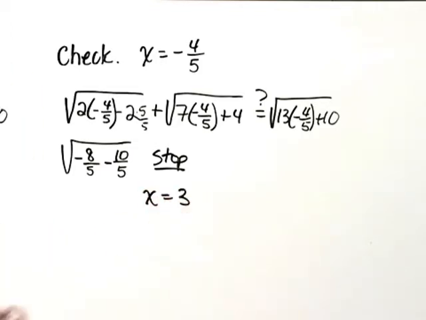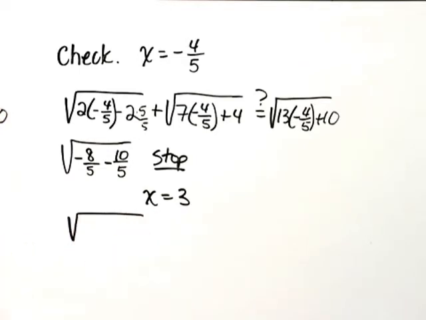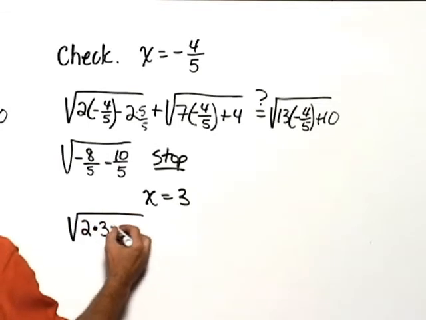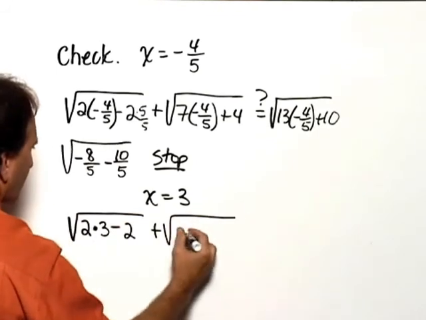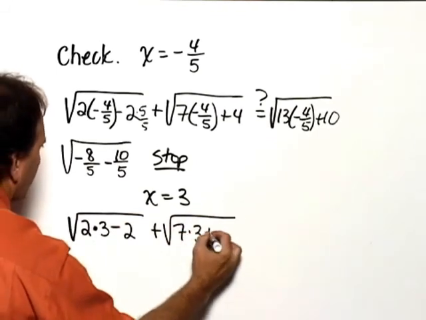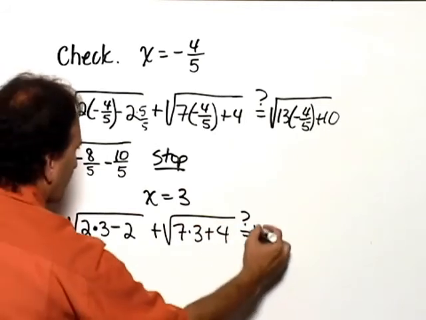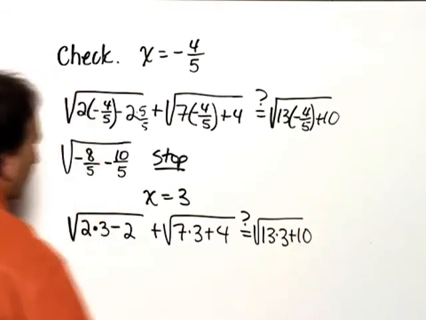When we check x equals 3, we would want to know if the two sides are equal, so it's the square root of 2 times 3 minus 2 plus the square root of 7 times 3 plus 4. Does that equal the square root of 13 times 3 plus 10?